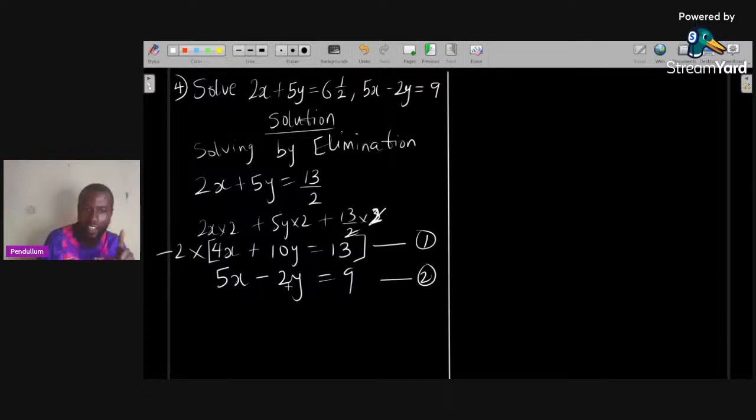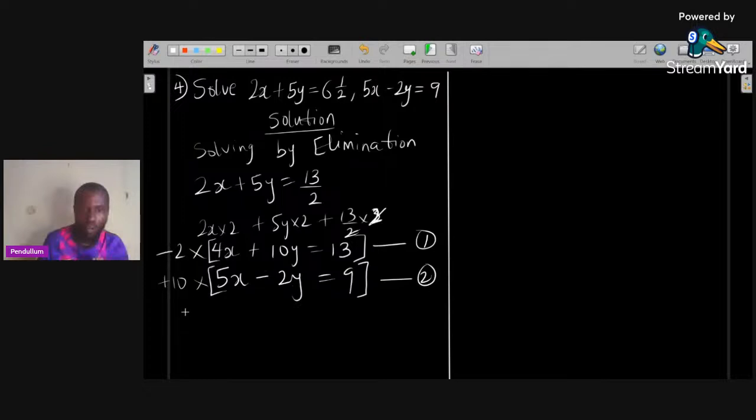So since we want to eliminate y here, we come to equation 1 and multiply everything by minus 2, which is the coefficient of y in equation 2. And then here, we are still eliminating y, so we multiply everything here by plus 10, or by 10. So multiply everything in equation 2 by 10. The aim is to have the same coefficient of y in both equation 1 and equation 2.